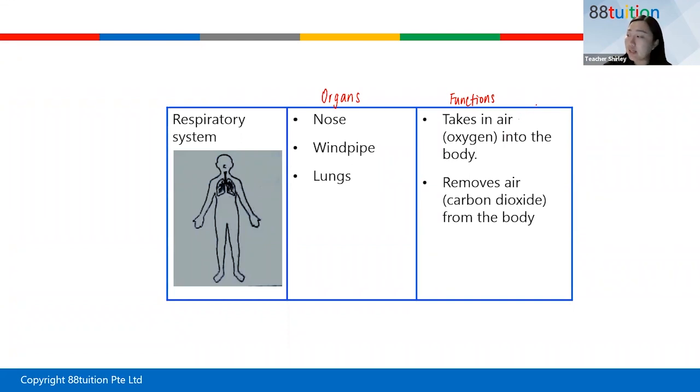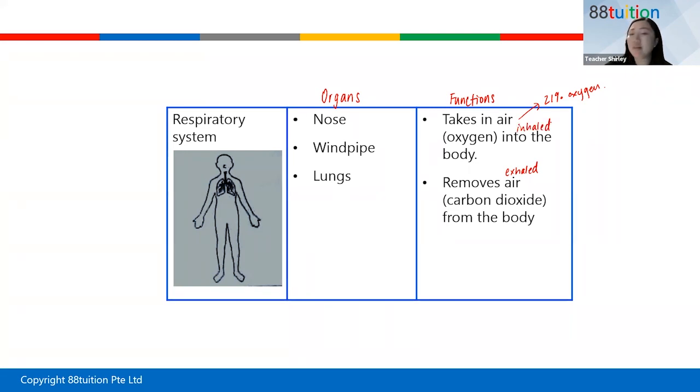Because atmospheric air has only about 21% oxygen. That means out of 100%, only 21% is oxygen. So not all is oxygen. So in general, it takes in air. It's just that inhaled air will contain more oxygen as compared to exhaled air.